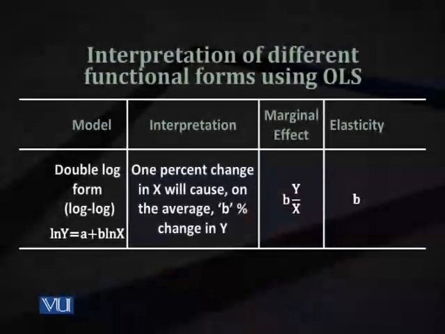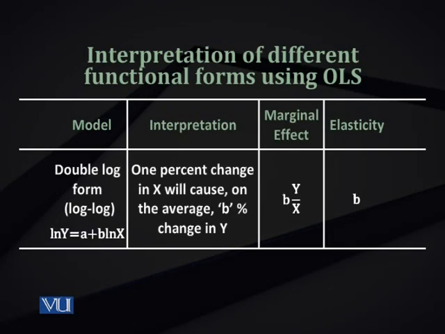If b is positive, in the same direction. If b is negative, then the change will occur in the opposite direction. So the only change is that we now interpret in percentage terms instead of unit terms. So a 1% change in the variable x will cause on the average b% change in the variable y.